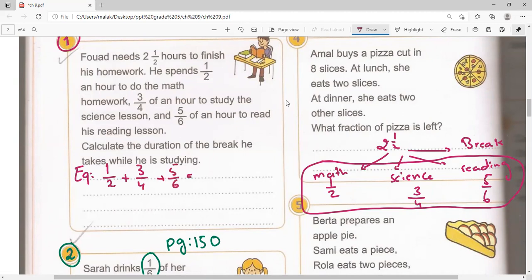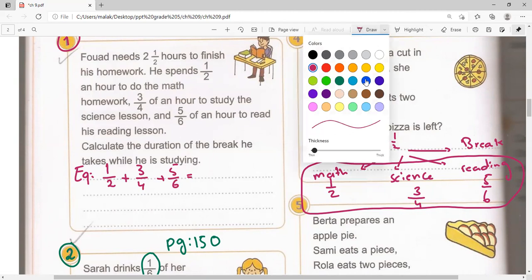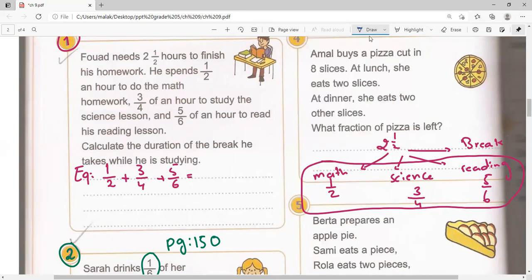How will we add them, since they all have different denominators? We should find a common multiple. What is the common multiple between table 2, table 4, and table 6? 12, exactly. 12 is in table 2, table 4, and table 6.